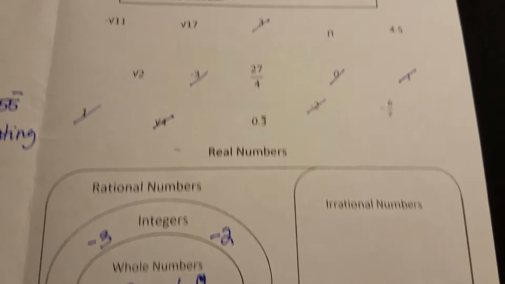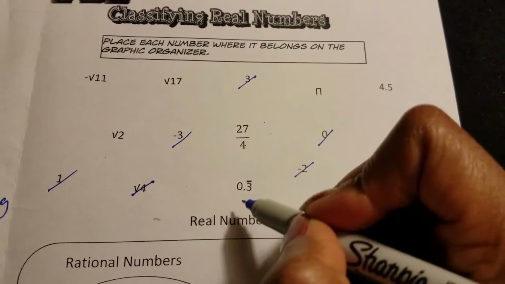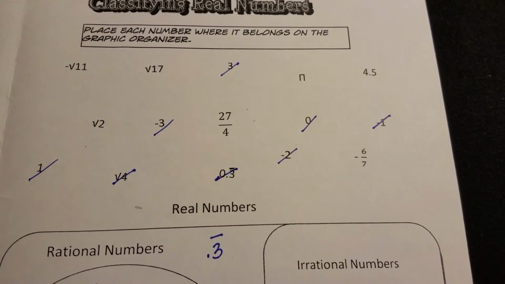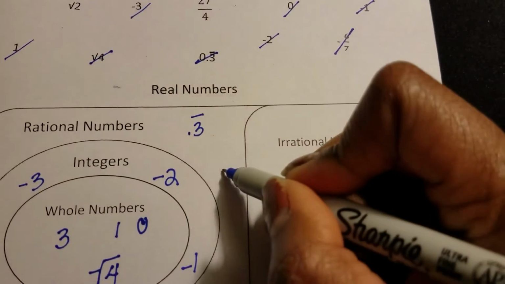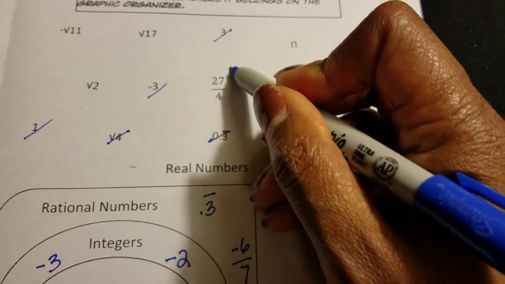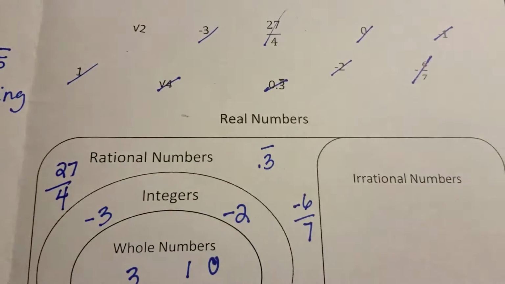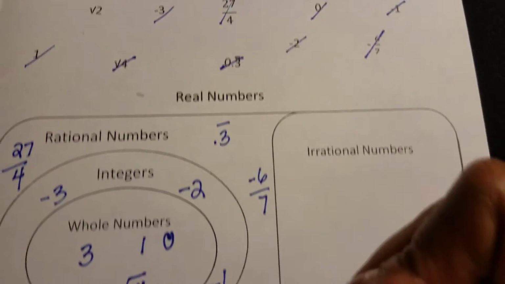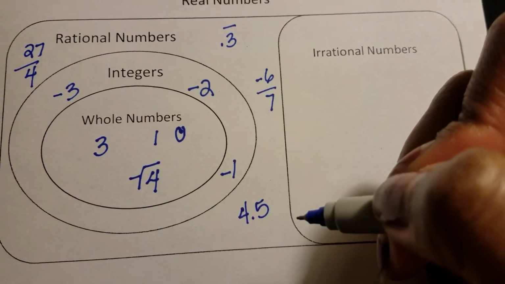Now let's go to rational numbers. I see 1 off the bat would be this 0.3 repeating. Negative 6/7. 27/4. 4.5.